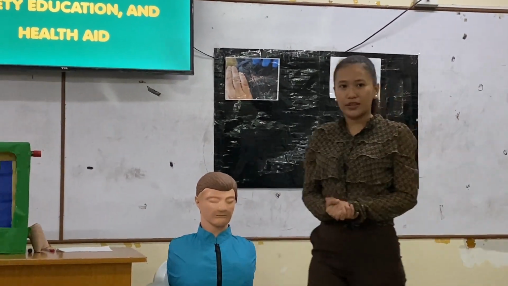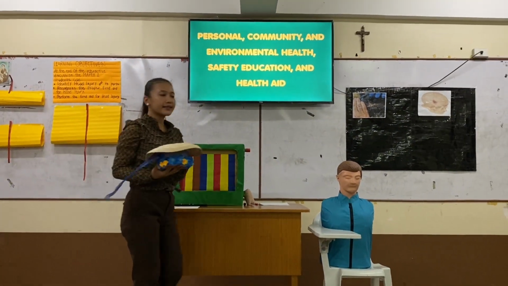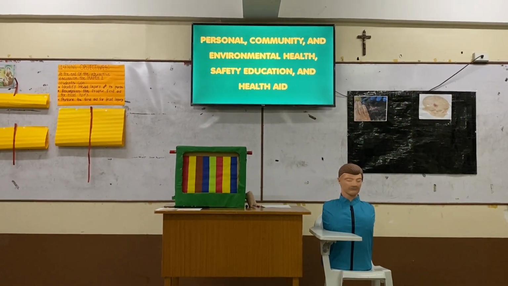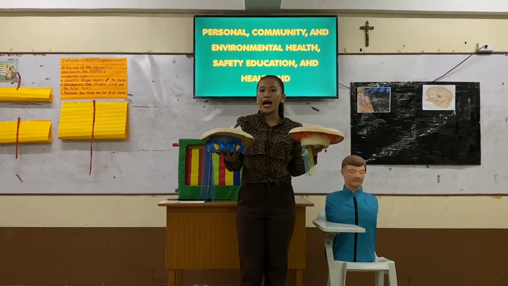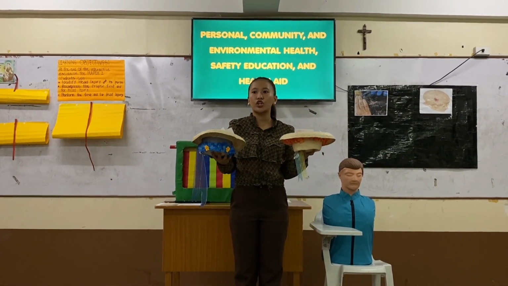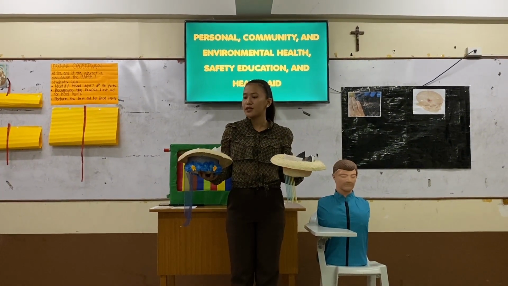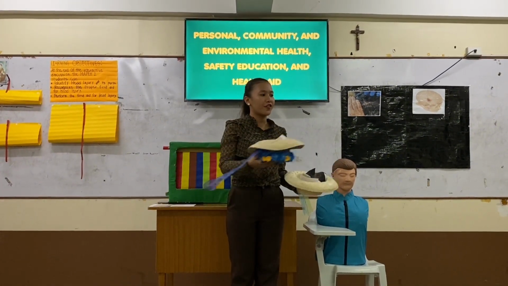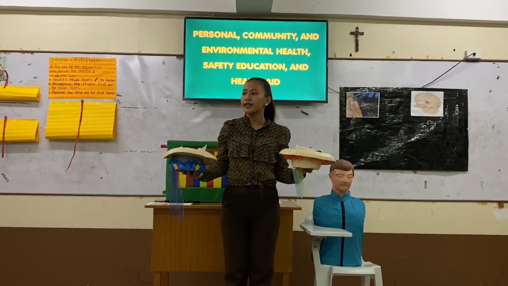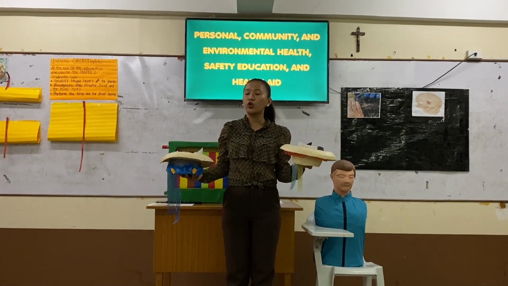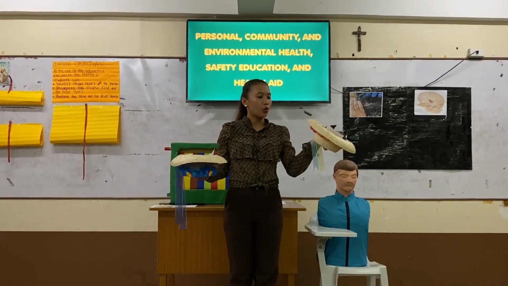I have prepared an activity. I have a blue hat and an orange hat. Each hat has illustrations which you will connect in order to formulate a conclusion. So, the blue one will be for this side, and the orange one will be for this side. I will give you 1 minute to formulate, and you will have a representative give me just 1 word or a phrase on what it is about.